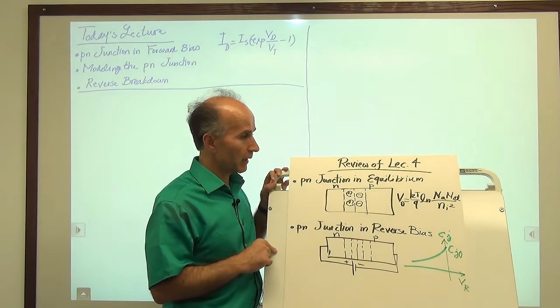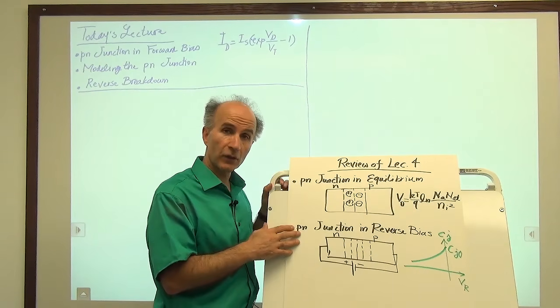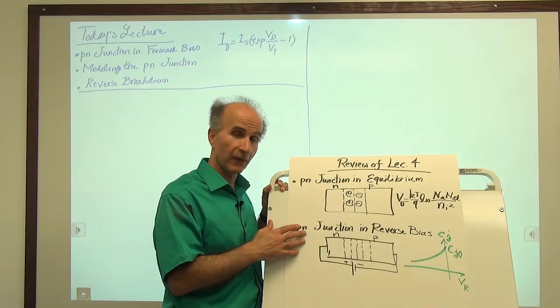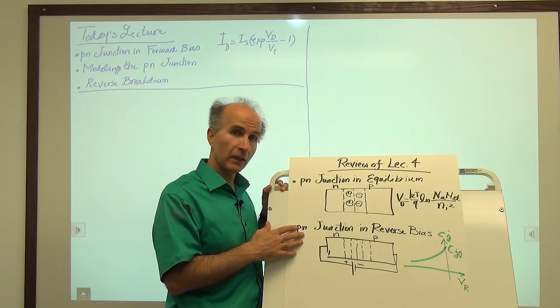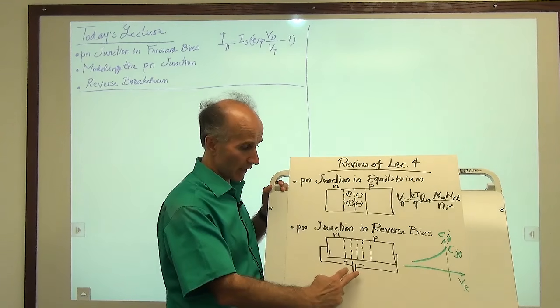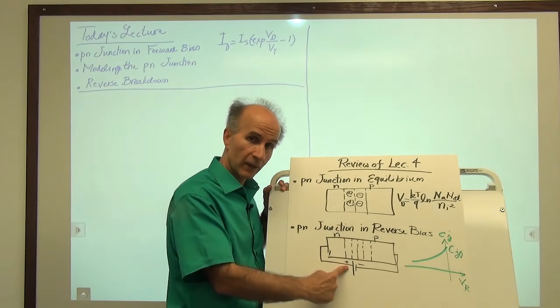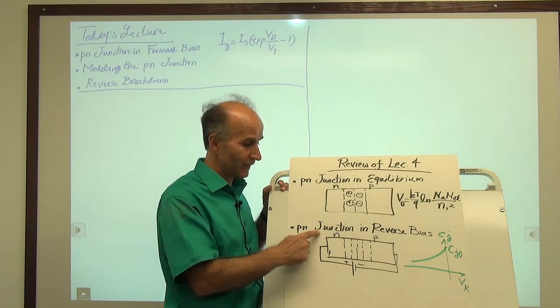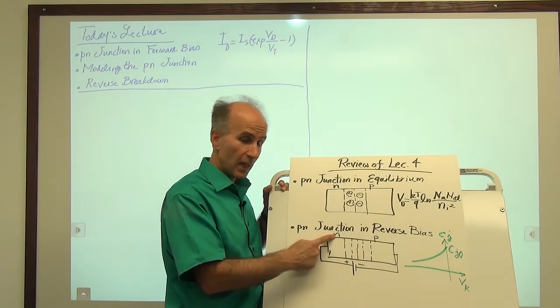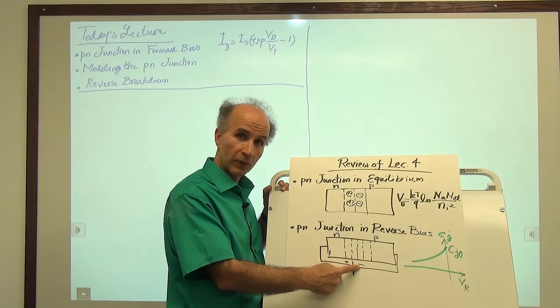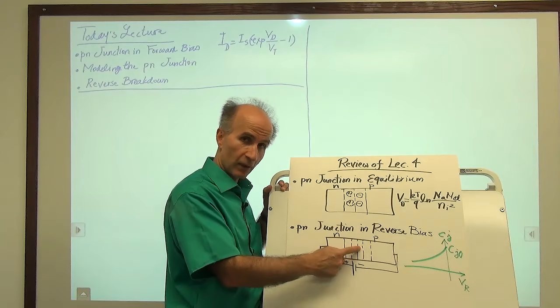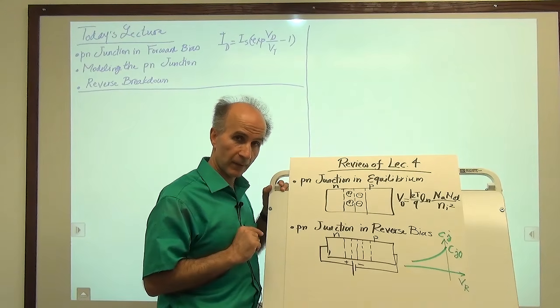All right, then we went to the Pn junction in reverse bias. Reverse bias is defined as applying a voltage from outside, as shown by this battery here, such that the positive side of the voltage goes to the N side of the junction, and the negative side goes to the P side of the junction. That is the definition of reverse bias.